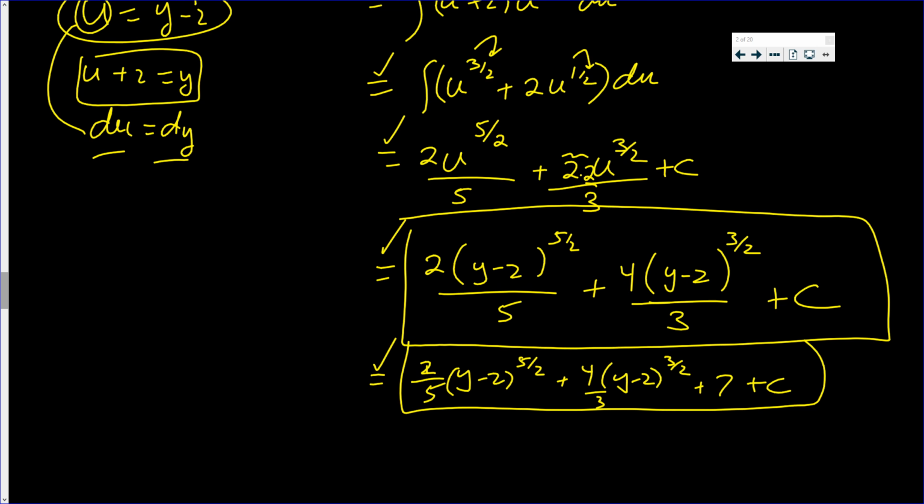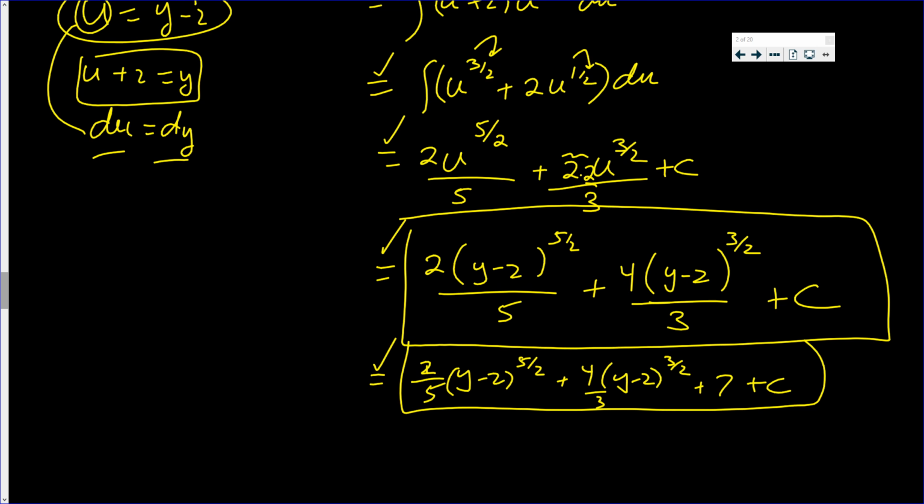Now, let us just do one more problem. If you were given the integral of 8 minus x times x to the 3 halves dx, you should not do any u-substitutions. First of all, that's being raised to a power. So what are you going to call it? u?